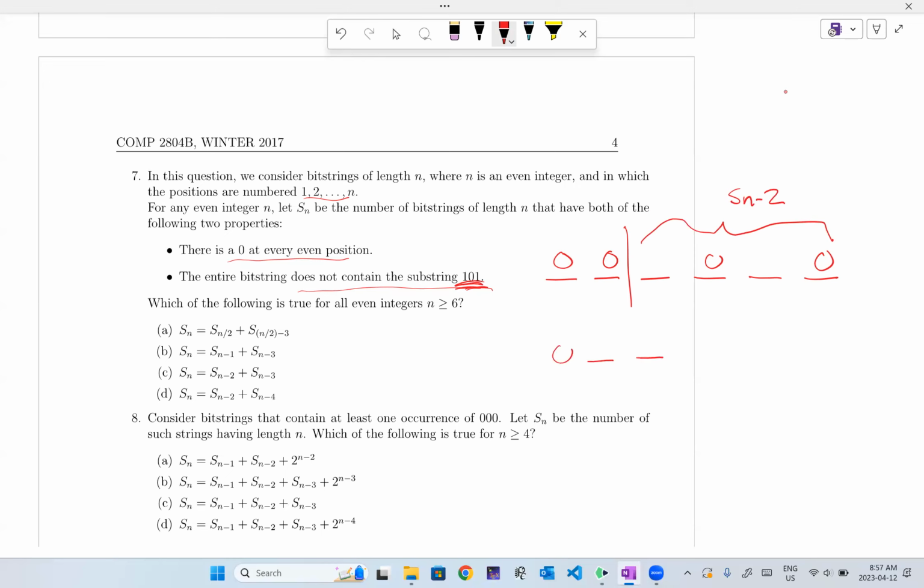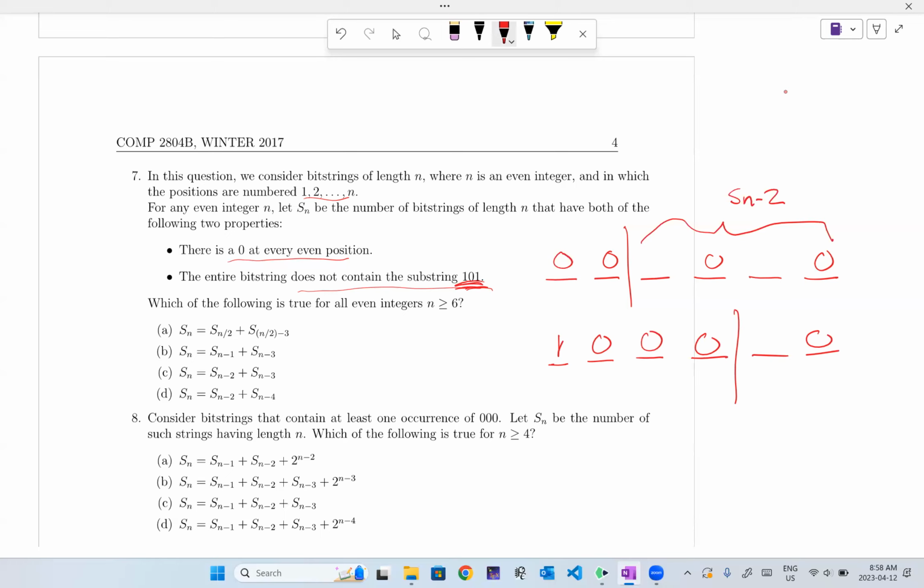Or, if I start with 1, then I cannot have a 1 in the next position, I can only have a 0. And once I have a 0 there, now I know the first 4 bits.